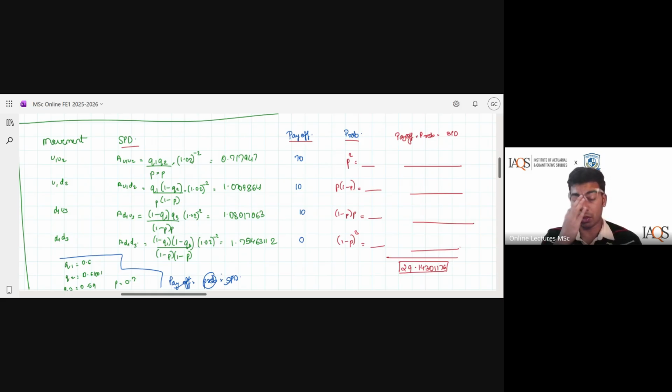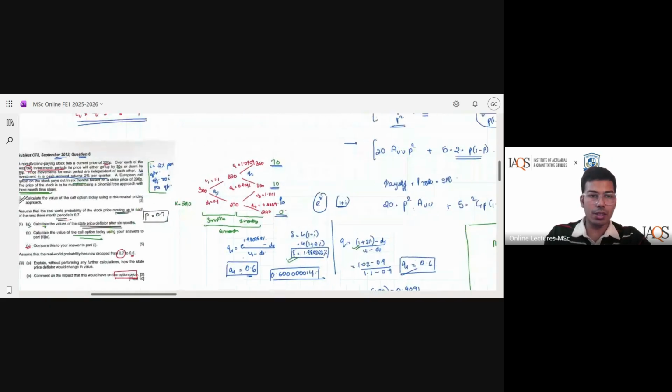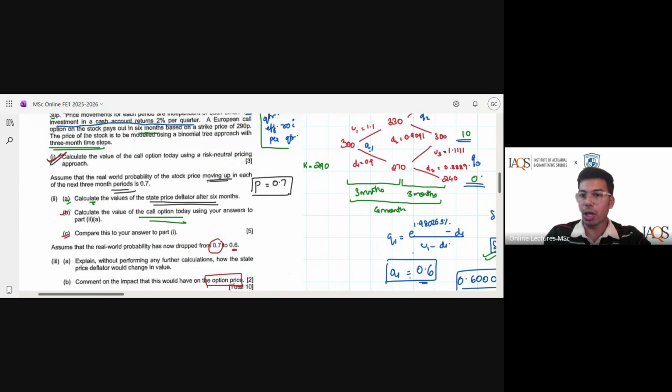Take a minute, I'll discuss it with everyone. Now what they're saying in the next part is, once you've gotten the real world answer, as part of C, the value that you had gotten in part 1 and the value that you're getting in part 2B are the same.